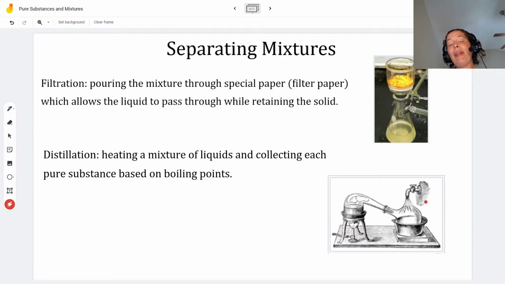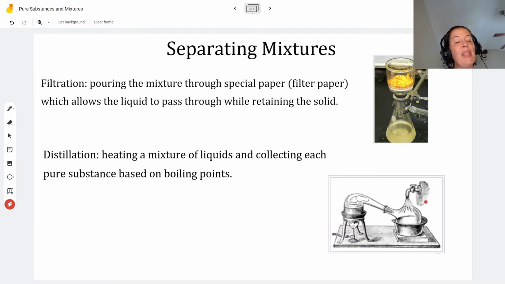And what would happen is the alcohol would boil off first before any of the water boiled off, and they would collect that alcohol and have not a completely pure product, but a very, very close to a pure product. So this is where you get the word still coming from. It is a distillation, but still is how we've shortened it.